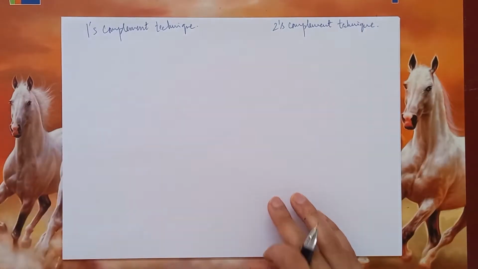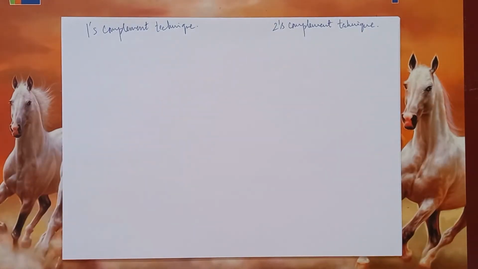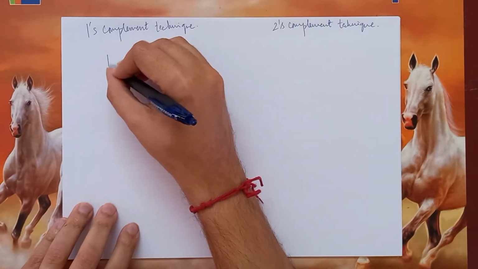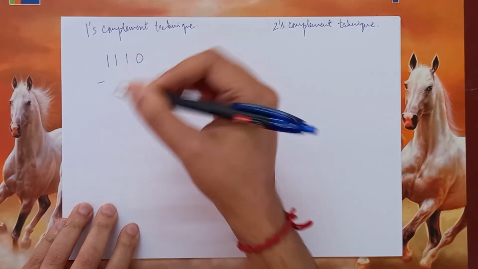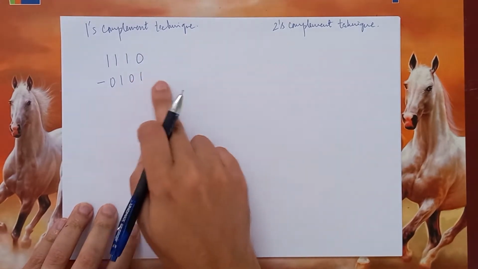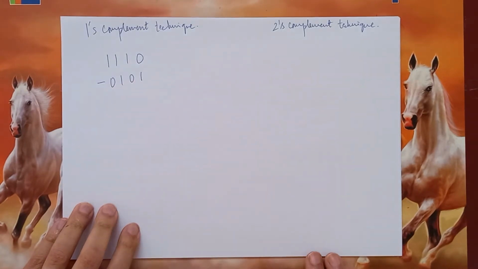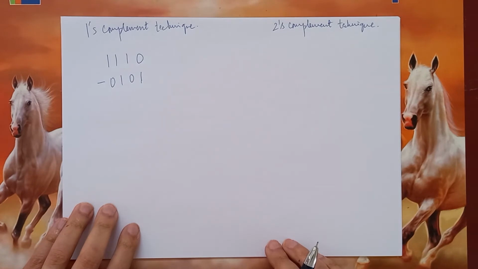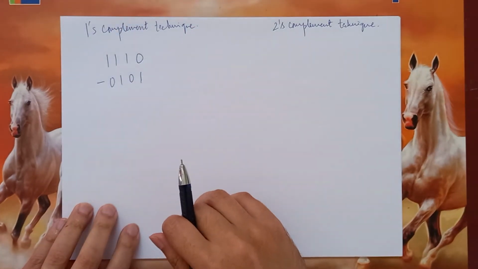Let's take the same set of numbers which we took in the previous example when we were learning with borrow. So let us say I have 1110 minus 0101. I am just trying to ensure that the number of digits for both input numbers are the same.